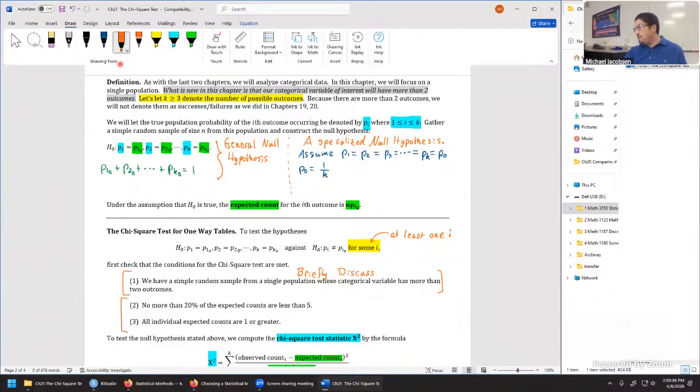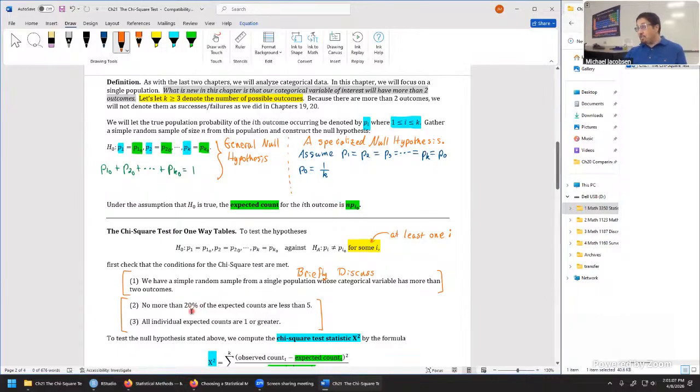And condition 2 is determining if our sample size is large enough. No more than 20% of the expected counts, that's through this formula we see up here, can be less than 5. And every single one of our expected counts has to be at 1 or greater. So if we ever form a hypothesis test and one of our expected counts happens to be through this formula, say 0.25, our sample size is way too small.